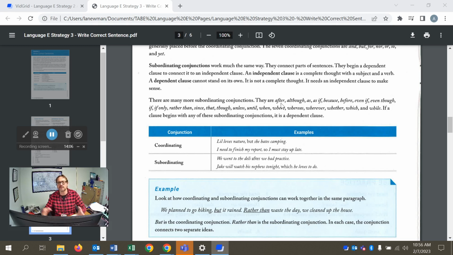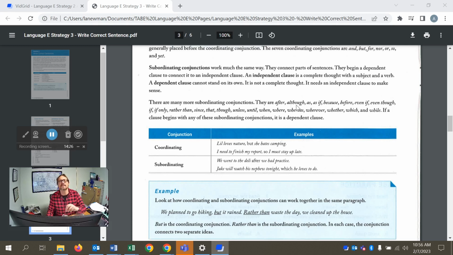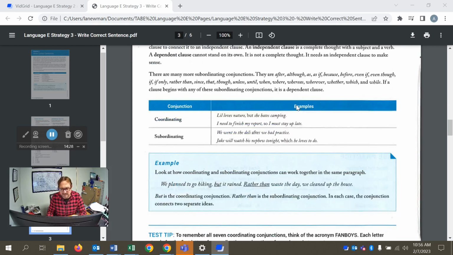So, after the sun came up, that's a subordinating conjunction, and we have a clause, the sun came up, but it's not a complete thought. So a lot of times knowing that these will turn a complete sentence incomplete if we were to put it at the beginning will help you recognize that it's a subordinating conjunction, not a coordinating conjunction.